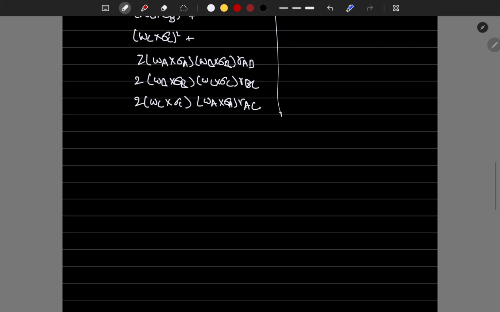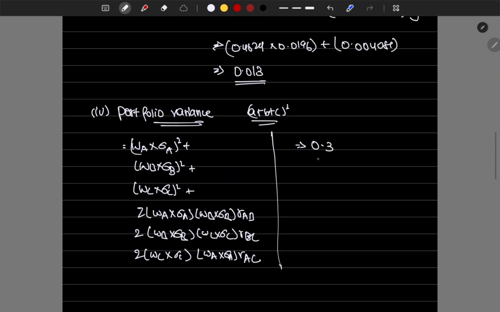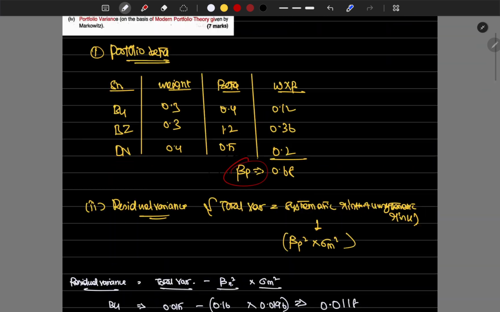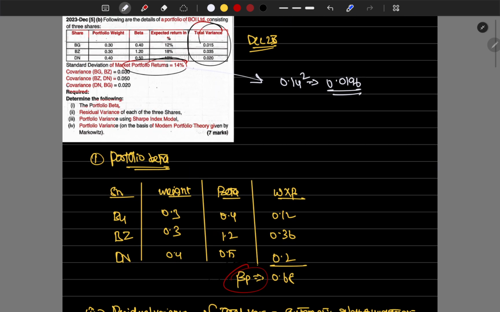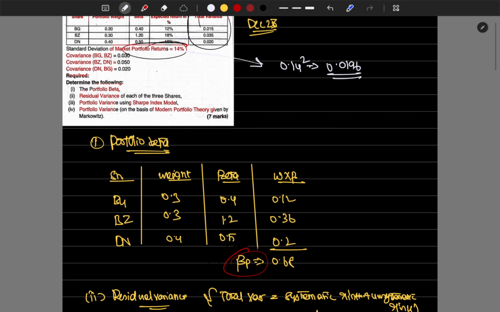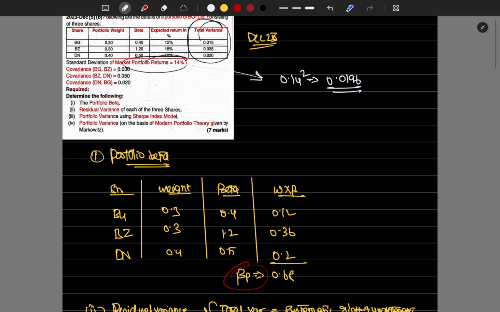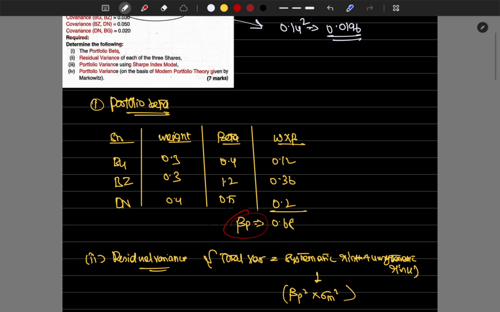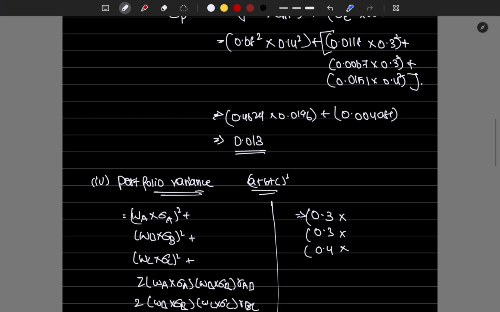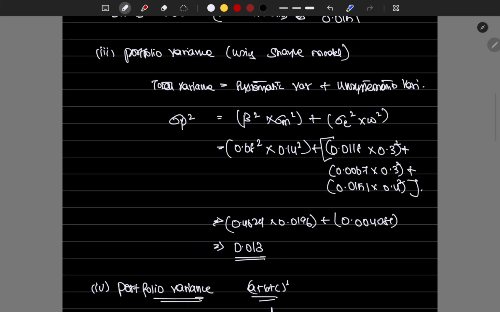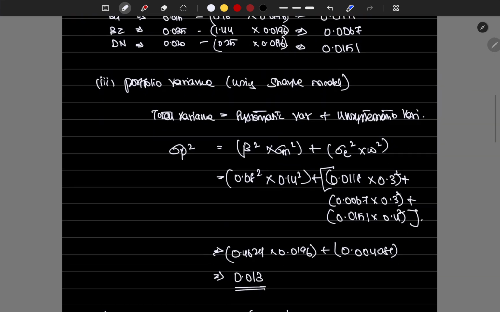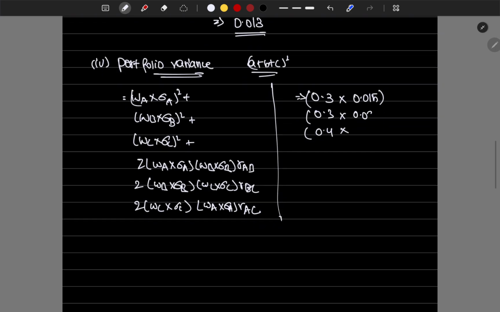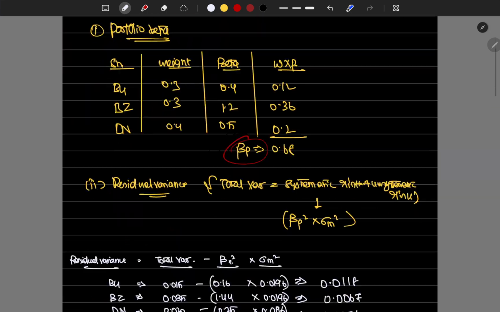Weight of A is 0.3, B is 0.3, C is 0.4. What's the standard deviation? 0.015, 0.035, 0.020.